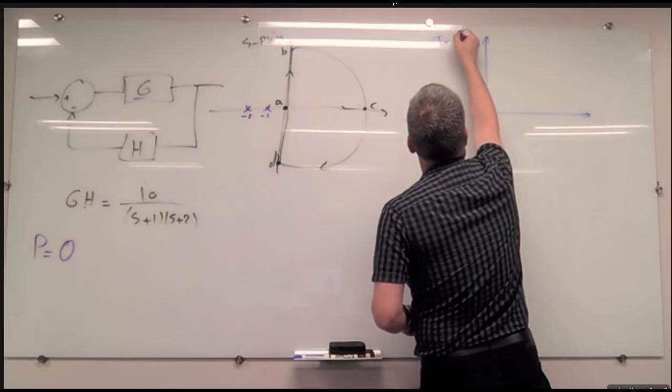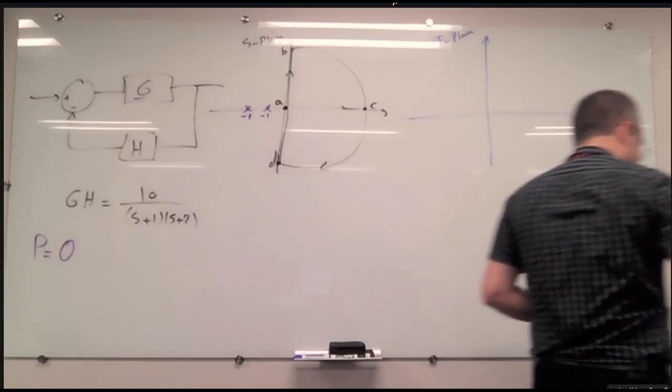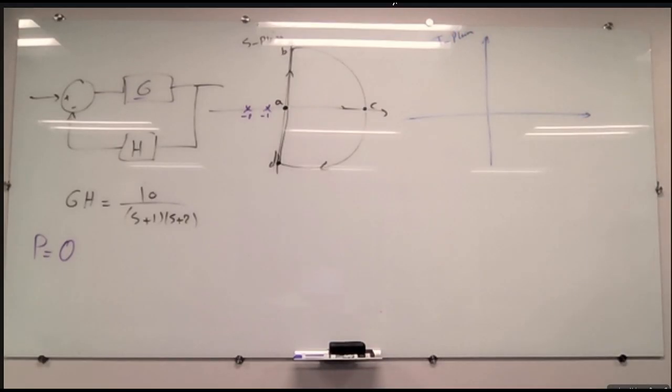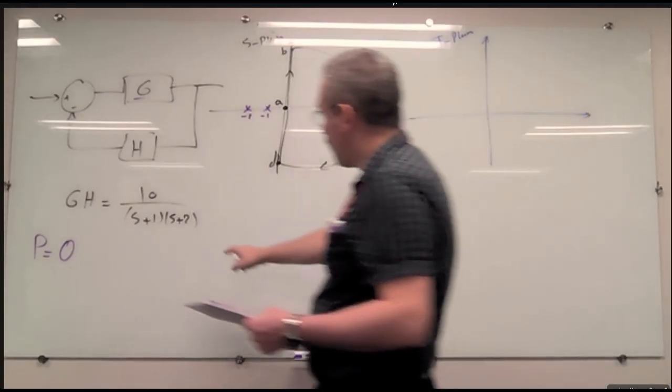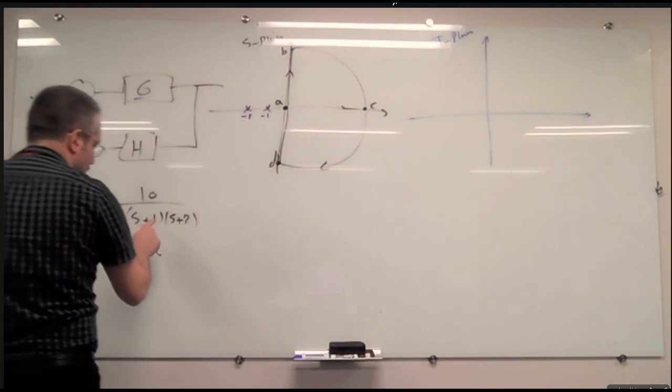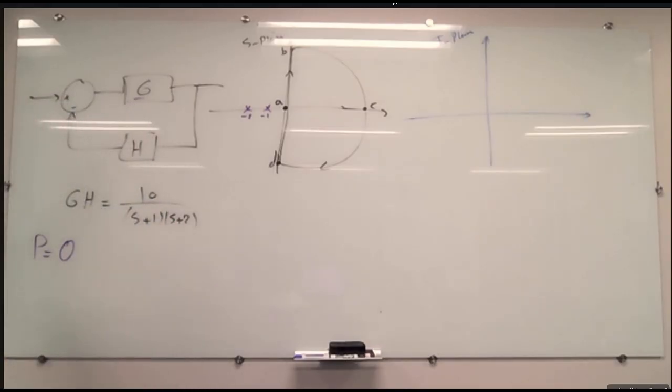This is going to be our T plane. If our function is 10 over (S plus 1)(S plus 2), and we want to consider the frequency response, then S is going to be equal to j omega. Are we good? That was the concept of the phasor plot that we talked about.